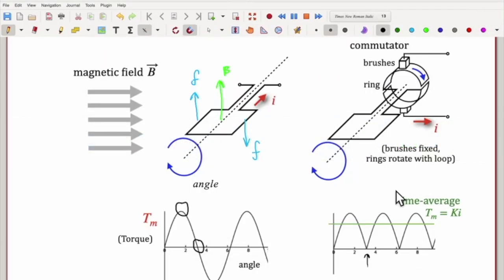So if you take the time average of the torque, this green line here, you get some ripple in the torque, but on average you get an average torque, something like what this looks like here. You can imagine that torque, which is a time average torque, is going to be proportional to the current going through this loop here, and that proportionality constant is called K, a motor torque constant, and we're going to revisit this K several times.